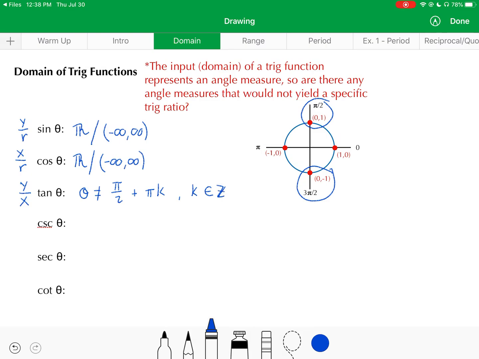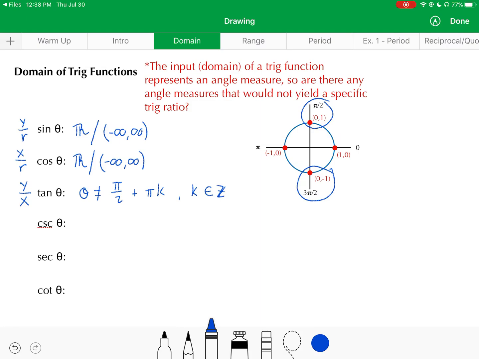And all that really means is the first place where tangent would be undefined is at pi over 2. The second place would be at pi over 2 plus pi. The third would be at pi over 2 plus 2 pi, which would take you back to the same location. It would be coterminal to pi over 2. And you can add on as many multiples of pi as you would like.